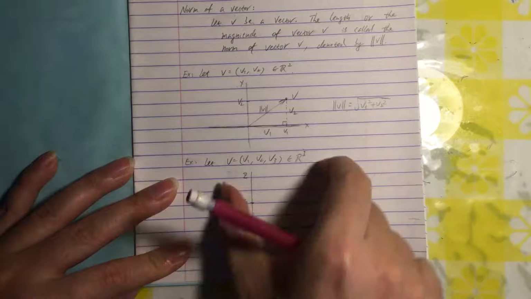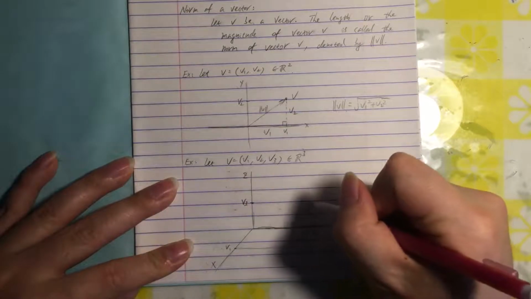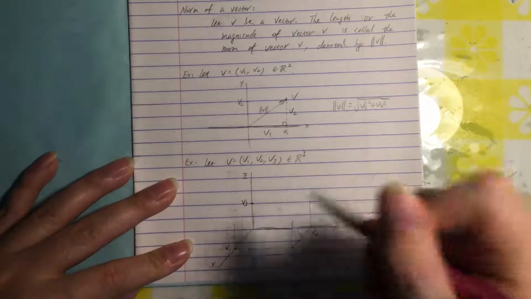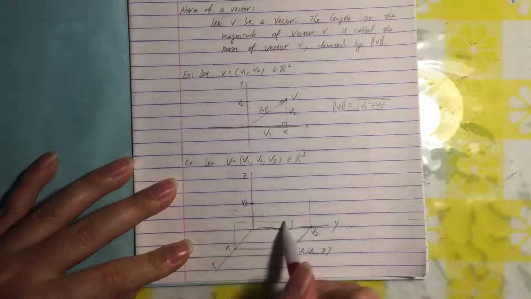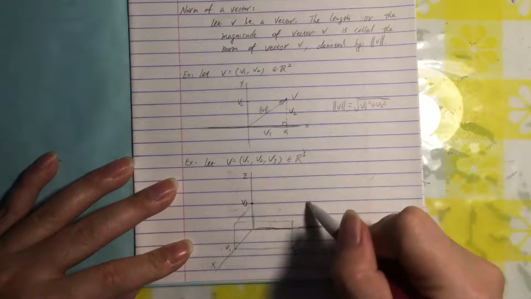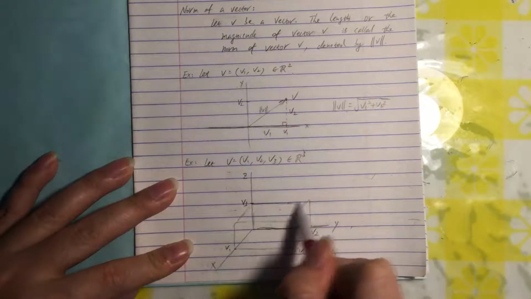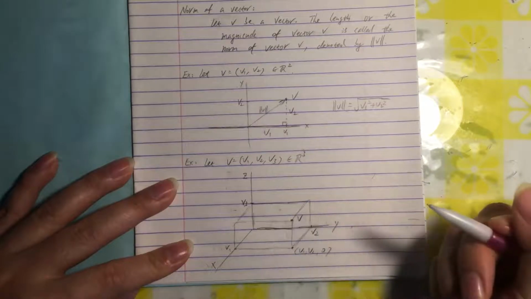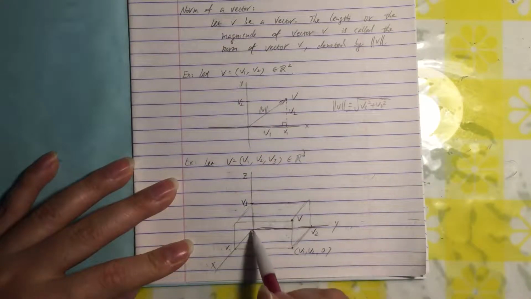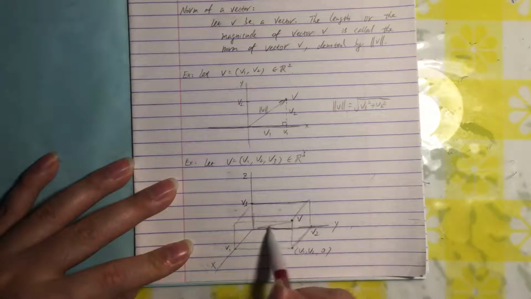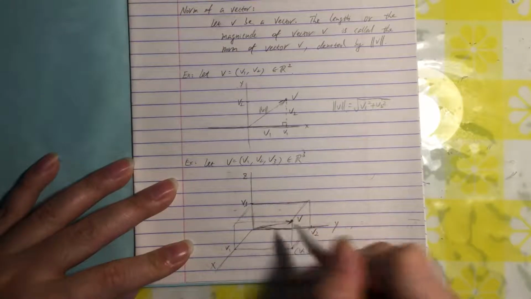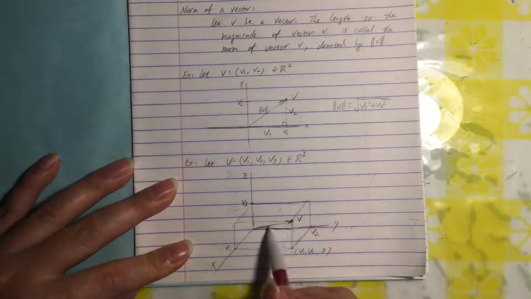Let's raise the entire parallelogram for V3 units. This is point V. Then for vector V, we connect the origin to the point. Draw a vector from the origin to the point here. This is vector V.